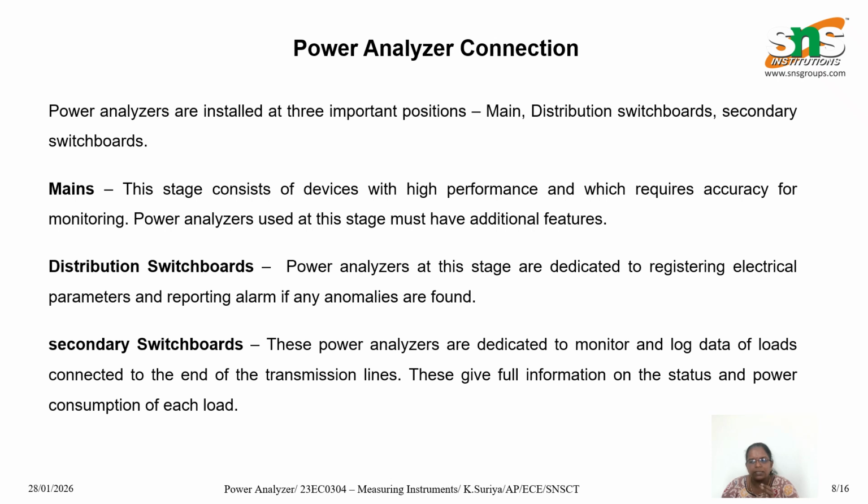The third stage is the secondary switchboard, where analyzers monitor the status and power consumption of the individual loads connected at the end of the transmission lines. This arrangement gives complete information about the entire electrical network.